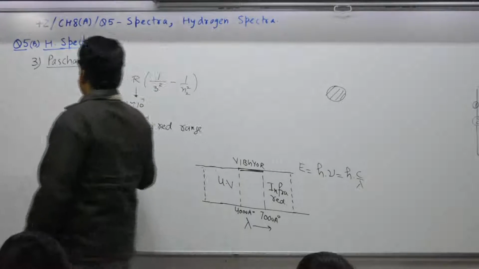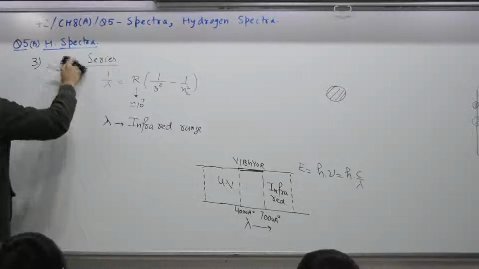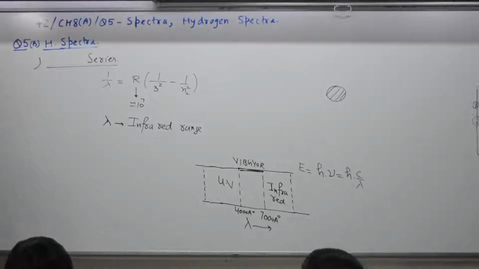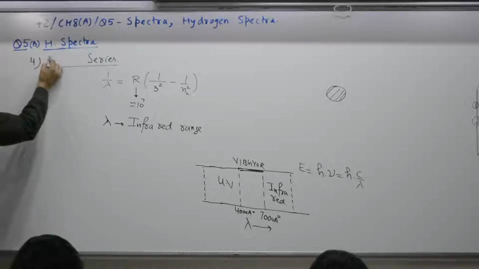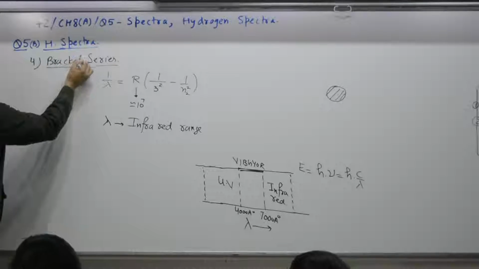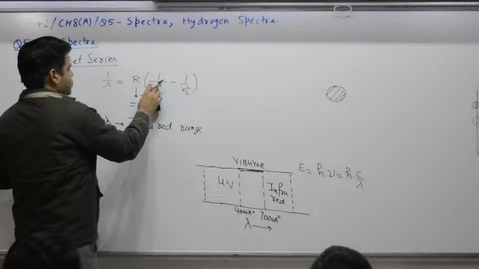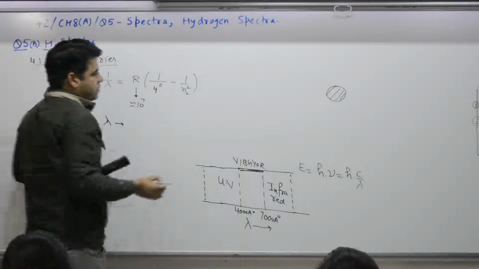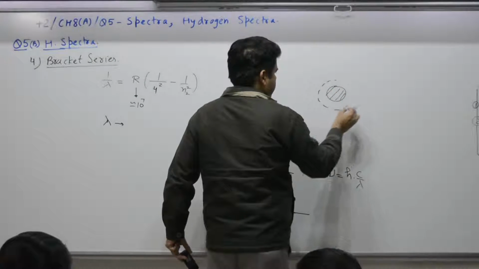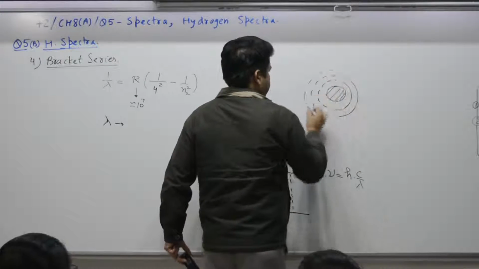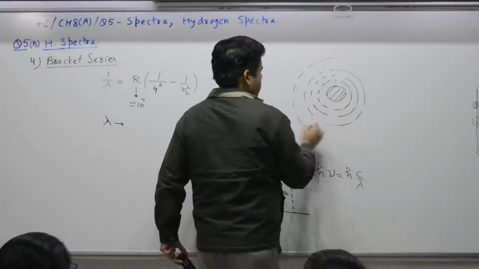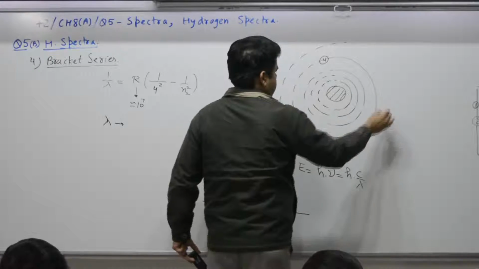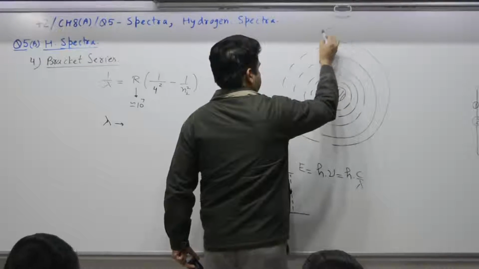Next series is the fourth one. The fourth series is the Brackett series. Jump is to the fourth level: first, second, third, fourth, fifth, sixth.